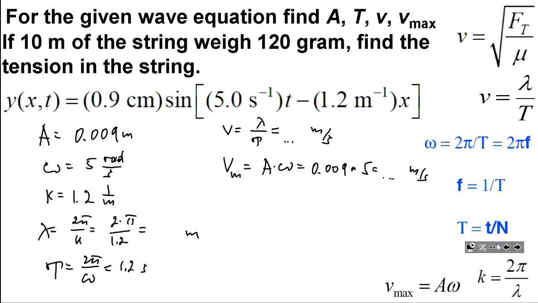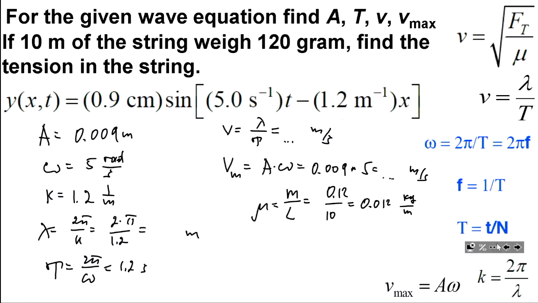We know that 10 meters of this string has a specific weight. So that tells us how to calculate the linear density. It just has to be equal to the total mass over the length. So the mass has to be converted into kilograms, and the length is 10 meters. So that gives the linear density, 0.012 kilogram over a meter.